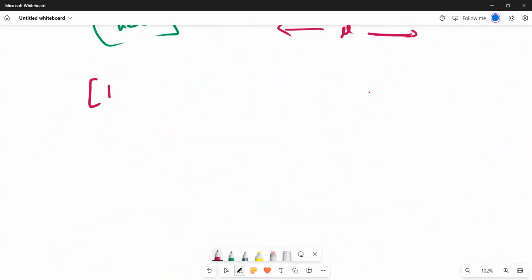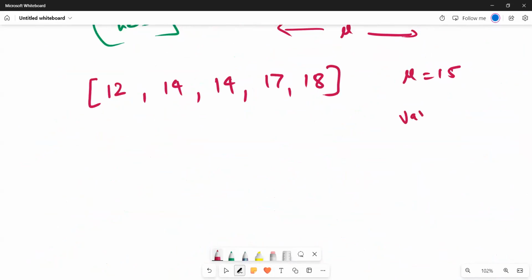So this is 12, 14, 14, 17, and 18, right? Here we saw the mean of the data was 15. If you calculate the variance of this data, this will come somewhere around 225, right? At the same time, let's say if you calculate the skewness of this data, you'll get a value, right?